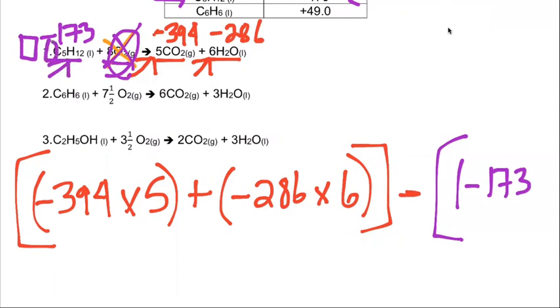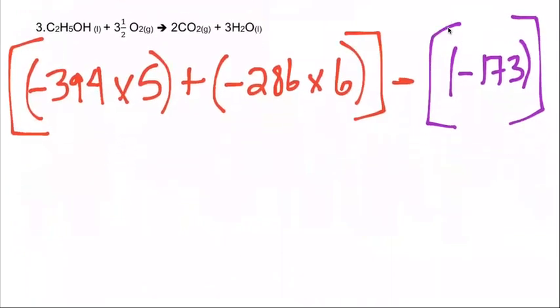That means there's just 1 mole of it, which means that it doesn't need to be multiplied by anything. It's just negative 173. So if you don't have a coefficient, then you don't have to multiply your enthalpy of formation value by anything. Okay, so if I go through now and simplify and just do the math on this, let's see, we got negative 394 times 5.